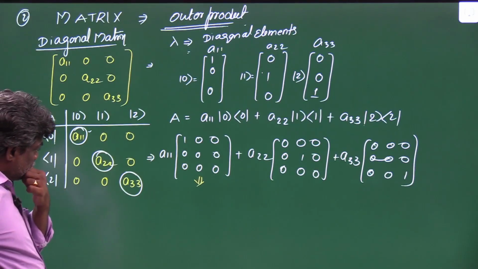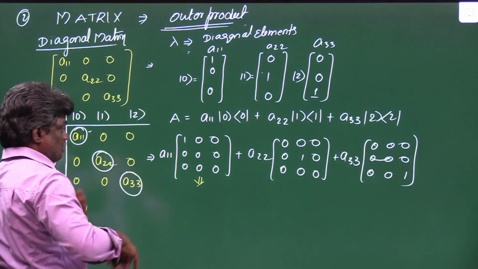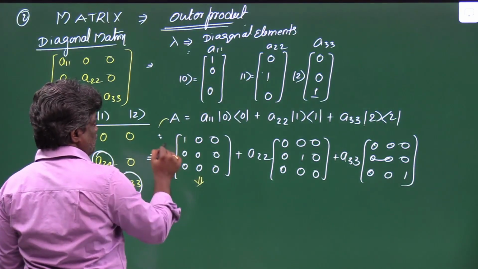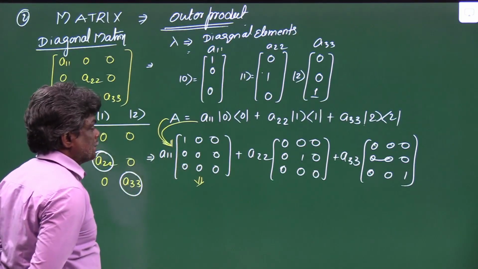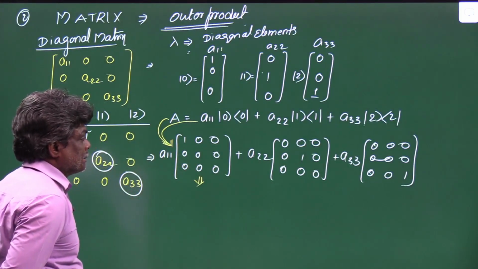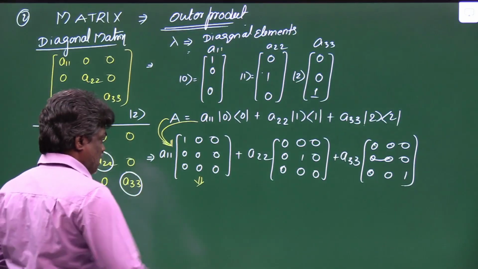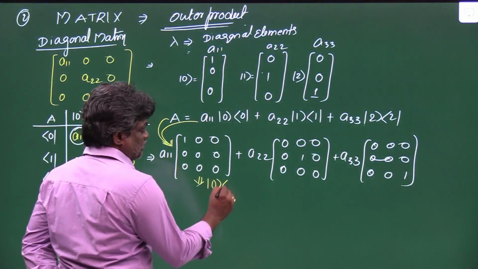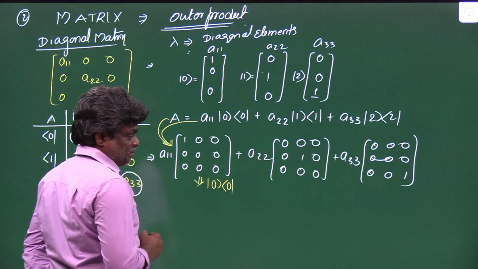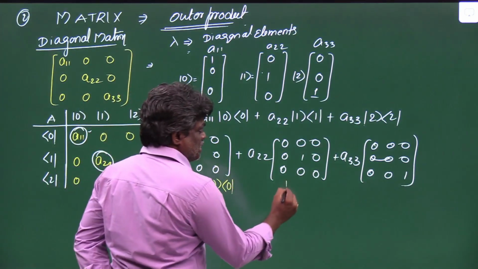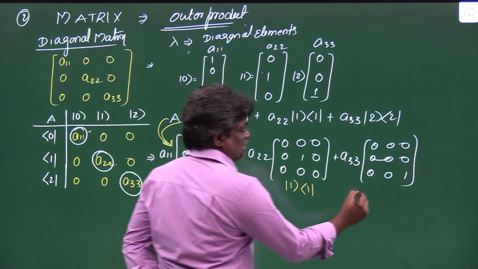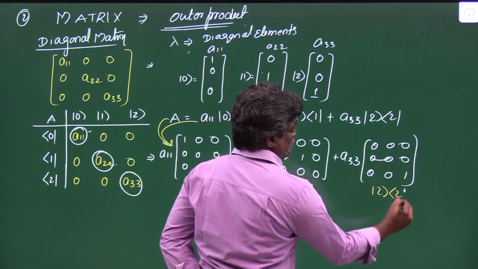Not a unitary matrix, but somehow close to it. Please observe this and this expression. Oh, so this is an outer product. Yes, outer product of 0, 0. So this is the outer product of 1, 1. This is the outer product of 2, 2.